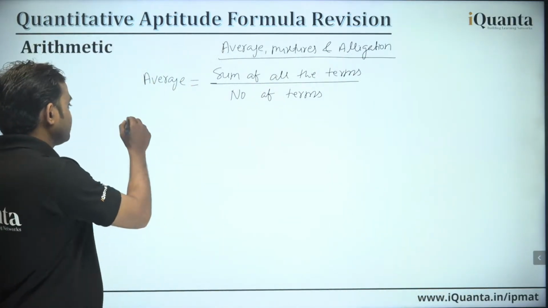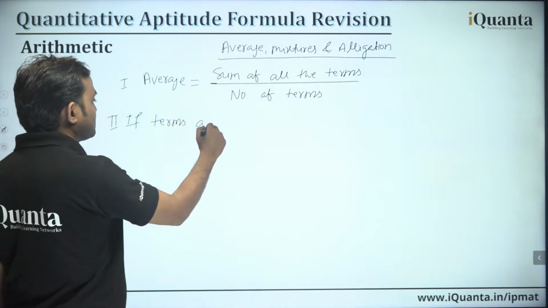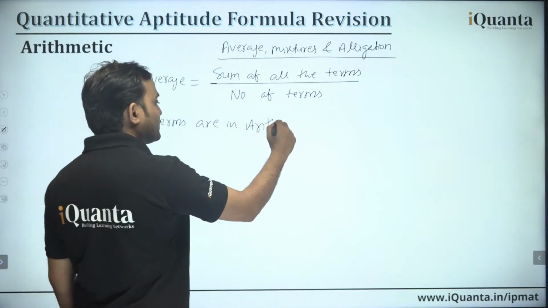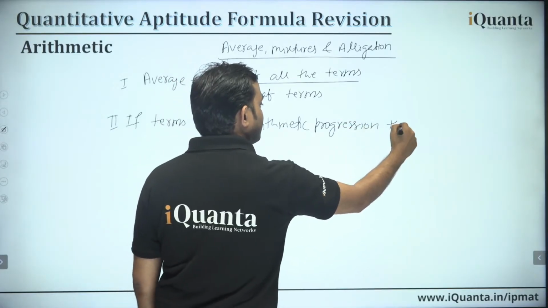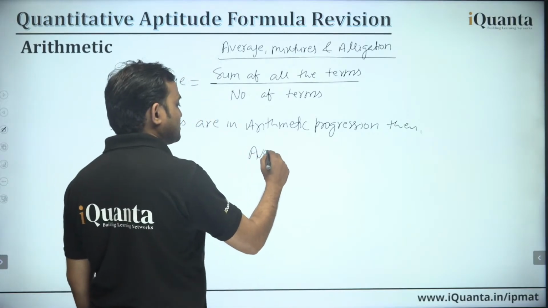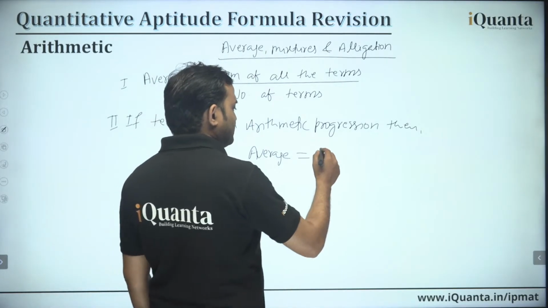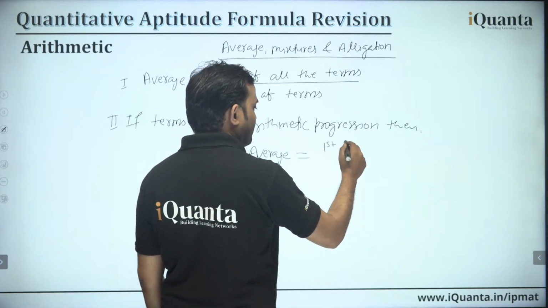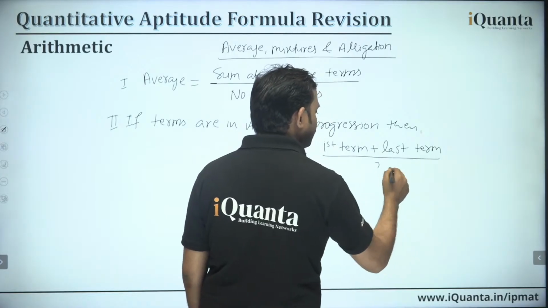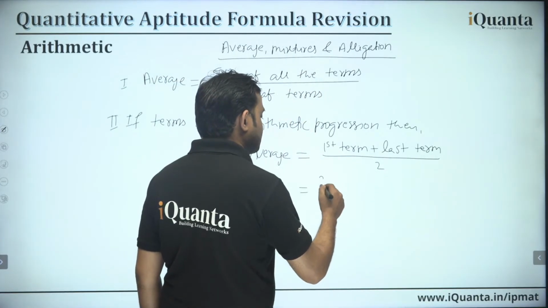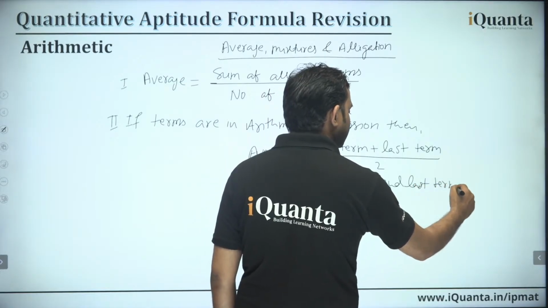Now, if terms are in AP, meaning arithmetic progression, then the average of all the terms will be equal to first term plus last term divided by 2, which can also be written as second term plus second last term divided by 2.